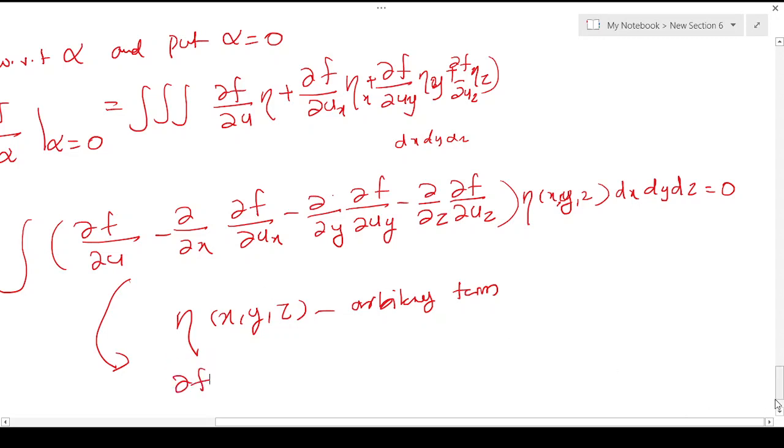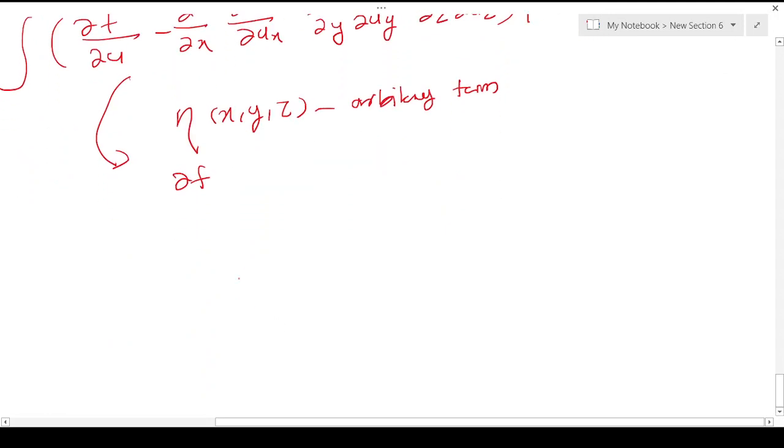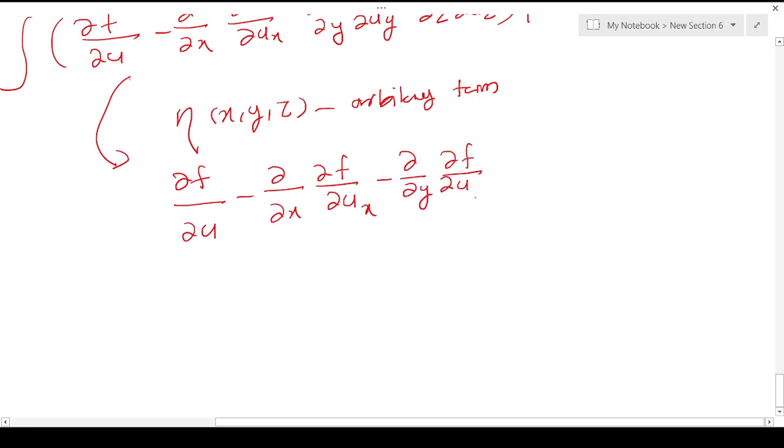To get the stationary value of this integral, dou f by dou u minus dou by dou x of dou f by dou u_x minus dou by dou y of dou f by dou u_y minus dou by dou z of dou f by dou u_z is equal to 0.